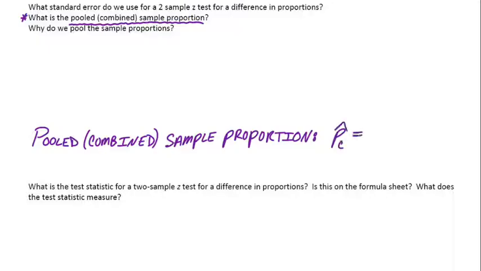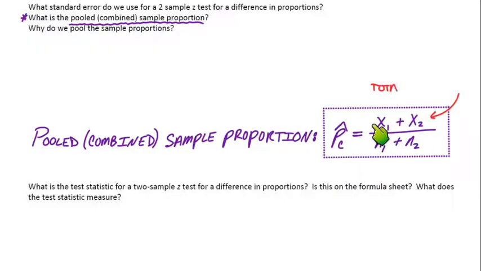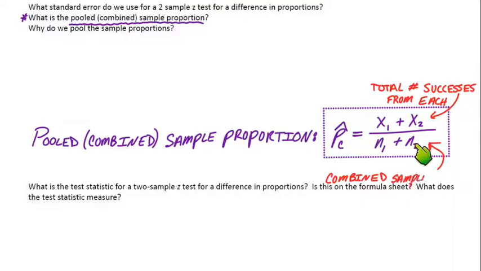So in this case, instead of p1 or p2, we're going to put a little c down here for combined. And the formula is x1 plus x2, so that's the total number of successes from each one. The first sample number of successes, second sample number of successes, over the total sample size. So now we have a combined sample size in the denominator.